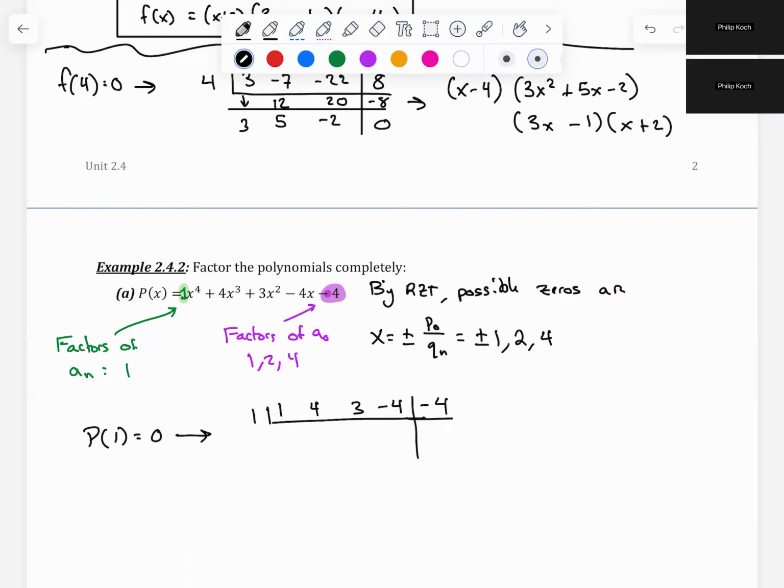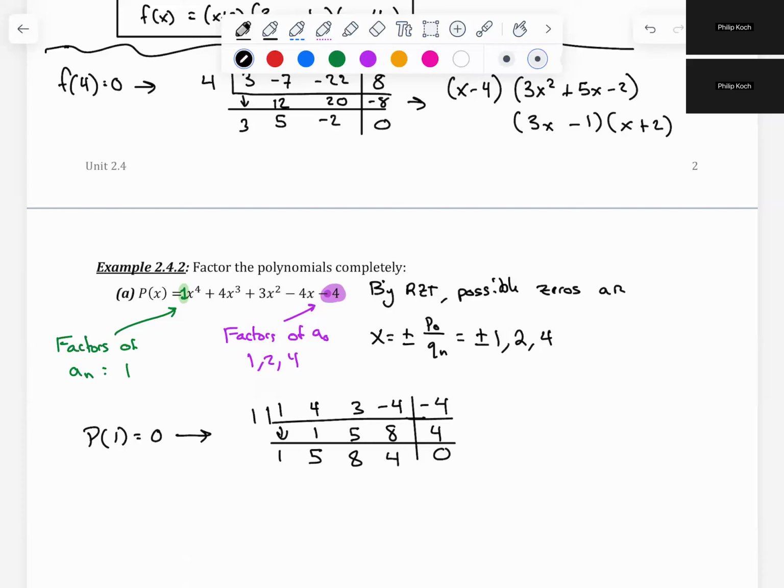Good news is that all powers of x are present, so I don't need any placeholders, and I'll do the synthetic division.